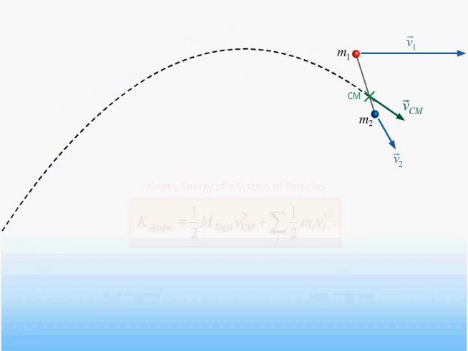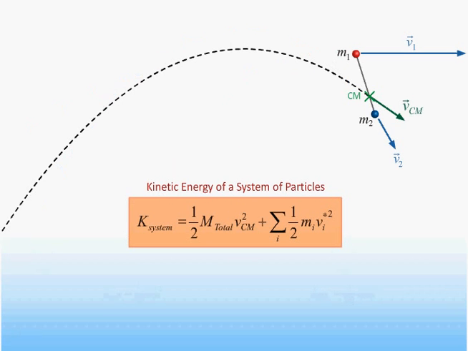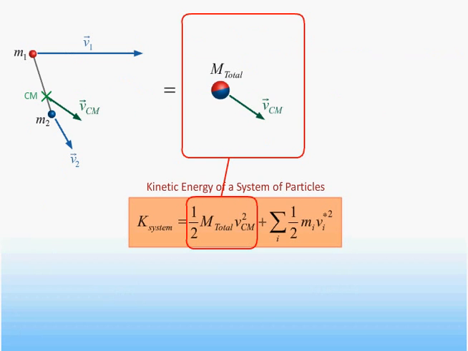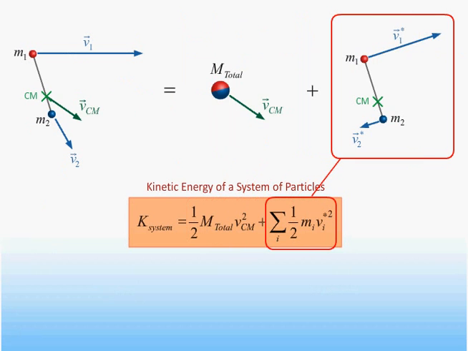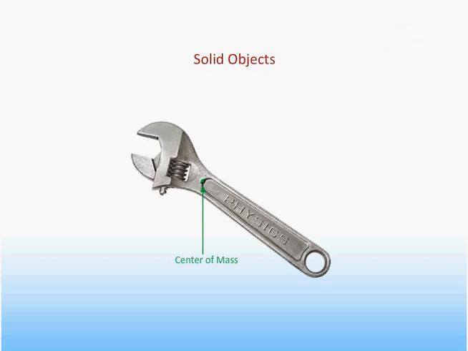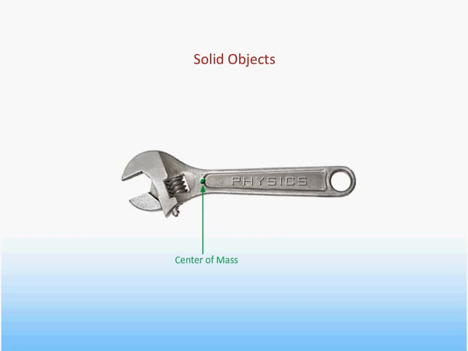A couple of pre-lectures ago, we showed that the total kinetic energy of a system of particles in any reference frame is equal to the kinetic energy of the center of mass of the system, defined to be 1/2 times the total mass times the square of the center of mass velocity, plus the kinetic energy of the motion of all of the parts relative to the center of mass. For a solid object, the only possible motion relative to the center of mass is rotation.